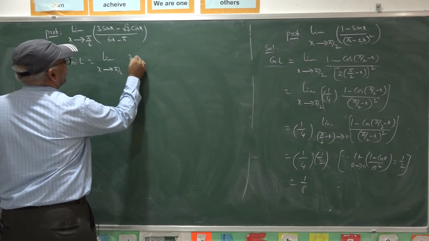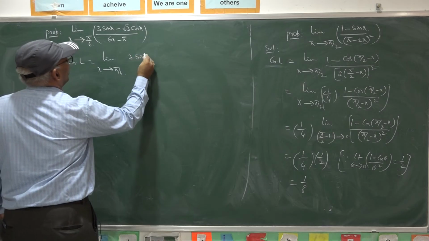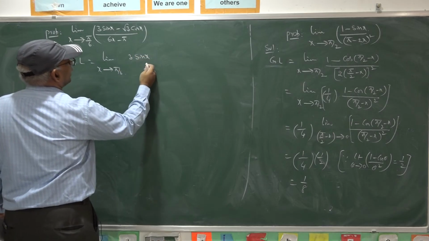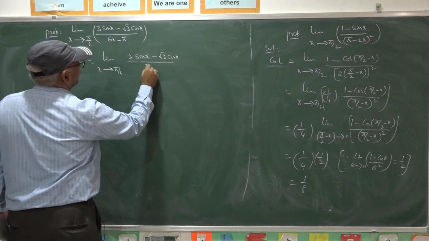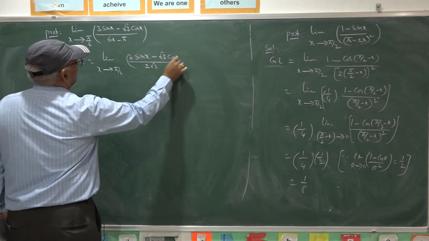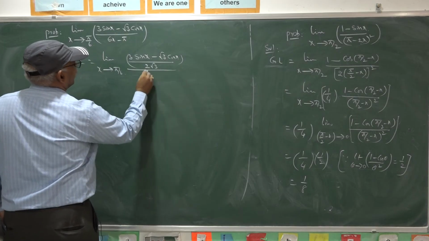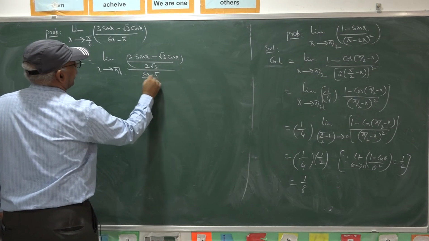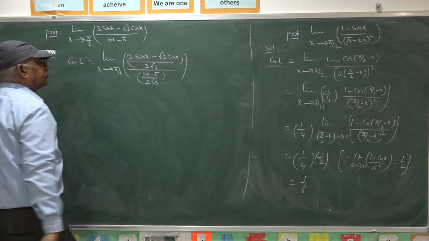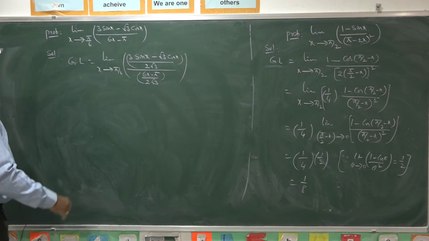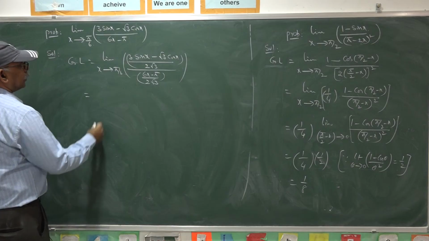So that is (3 sin x minus root 3 cos x) by 2 root 3, by (6x minus pi) by 2 root 3.